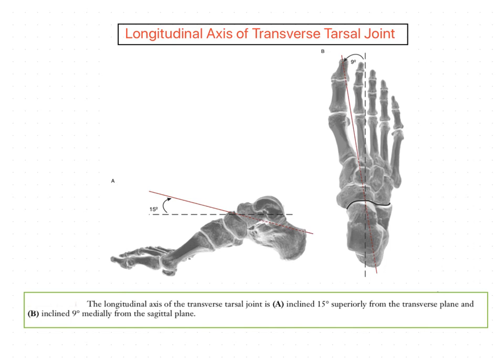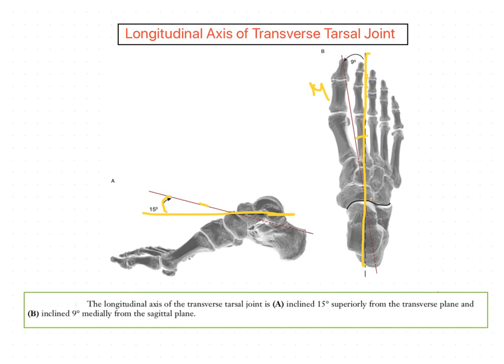Here you can see it is inclined 15 degrees upwards from the transverse plane, and it is angled 9 degrees medially from the sagittal plane. This is the sagittal plane, and this axis makes an angle of 9 degrees medial to it.